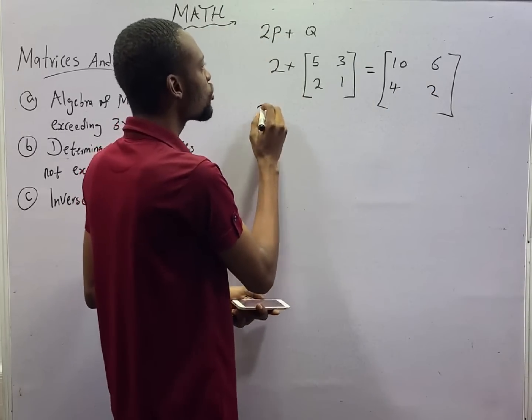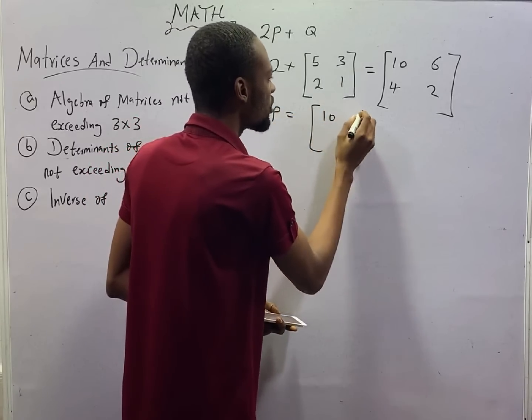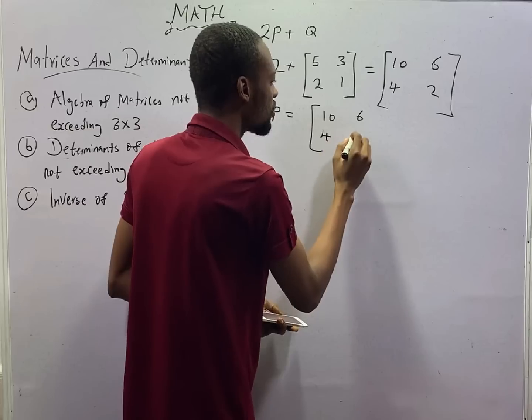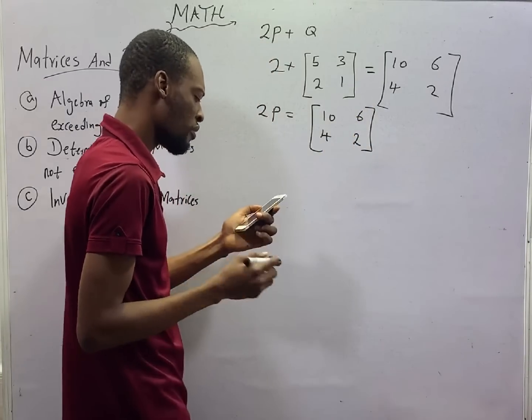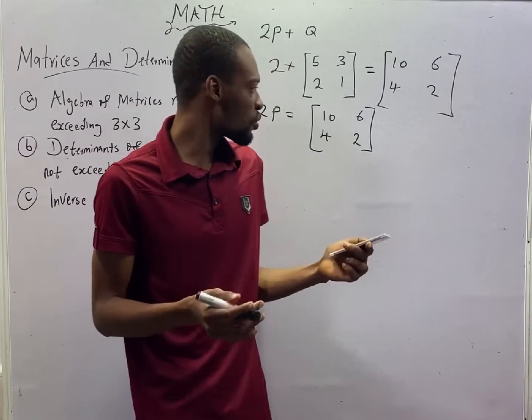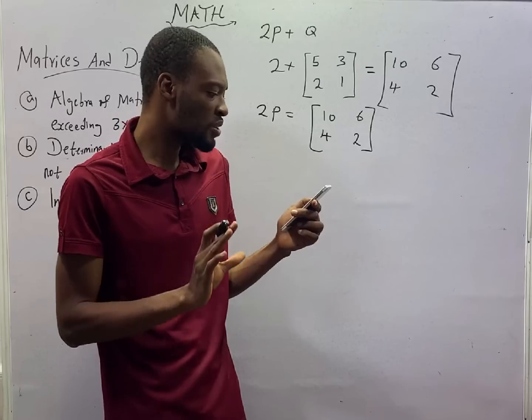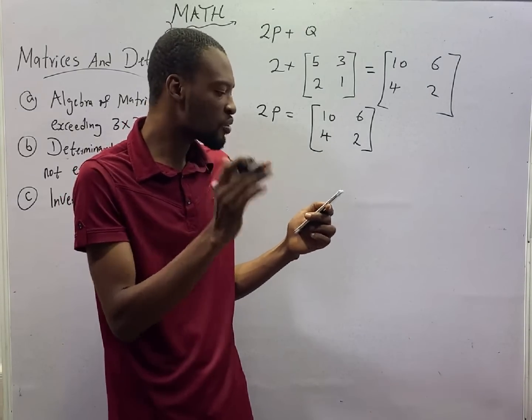So 2P is therefore equals 10, 6, 4, and 2. Nothing more, nothing less. But that is not the final answer, and that is not what we are told to do. The question says, find 2P plus Q.